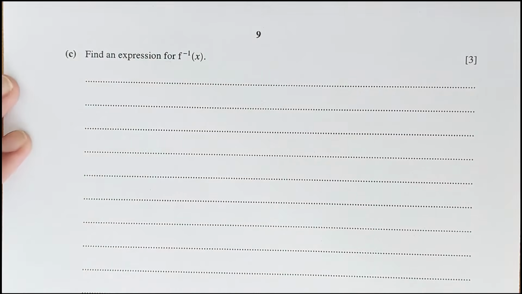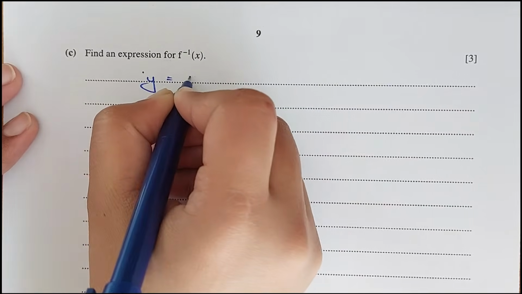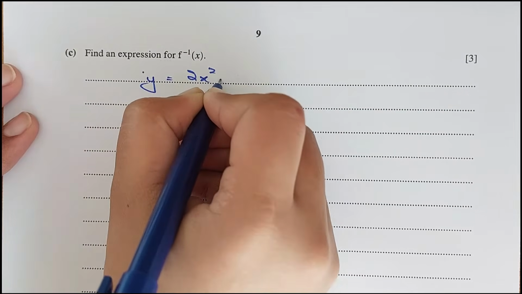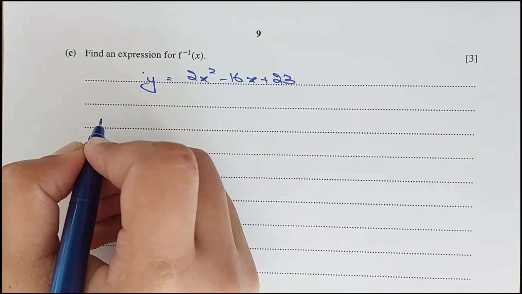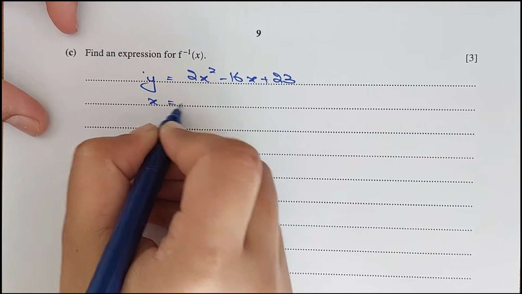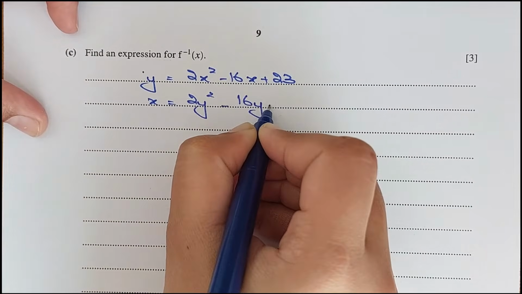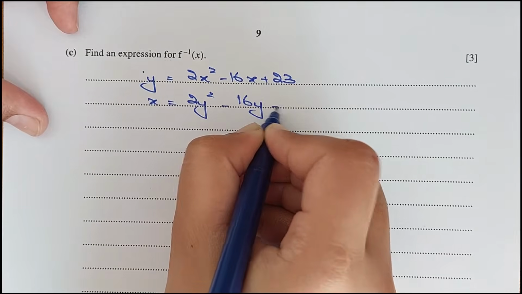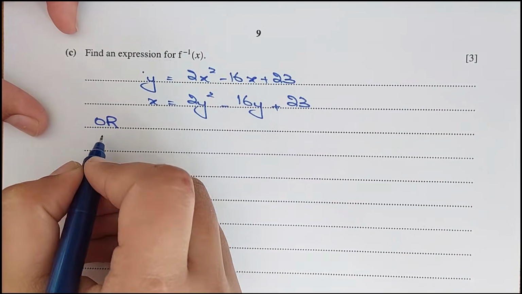Now for part C, find an expression for f inverse of x. We have y equals f of x, which is 2x square minus 16x plus 23. Now switching the variables, x would be equal to 2y square minus 16y plus 23. Or we can do it in a better way.